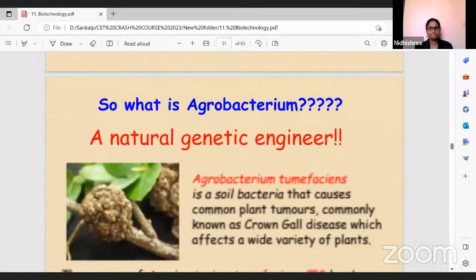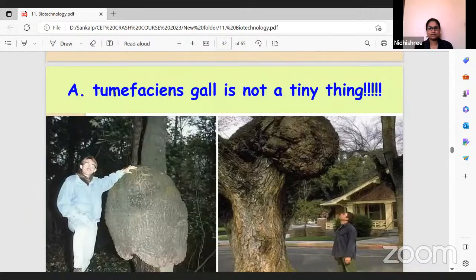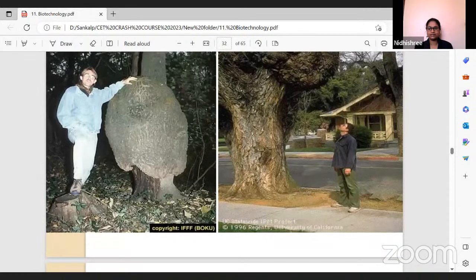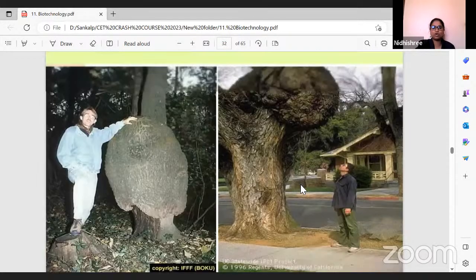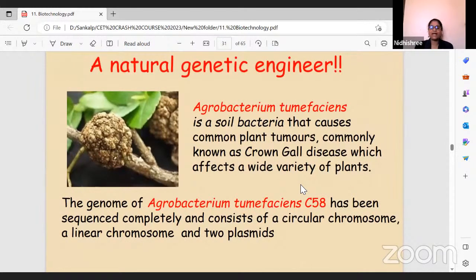Now we will brush up some concepts again. See, tumefaciens gall disease or the disorder caused by Agrobacterium tumefaciens. It is a soil bacterium which causes common plant tumors in plants, also called crown gall disease.